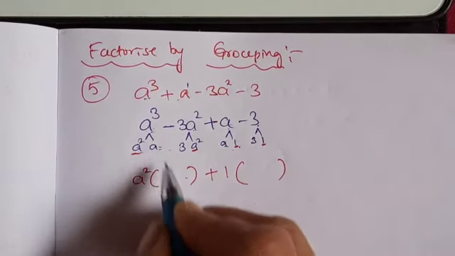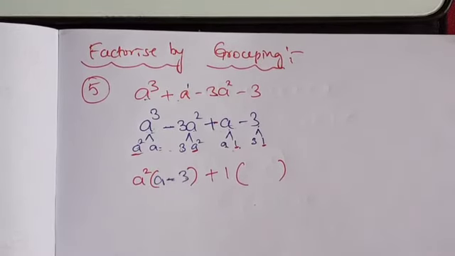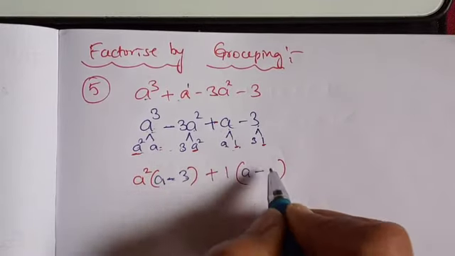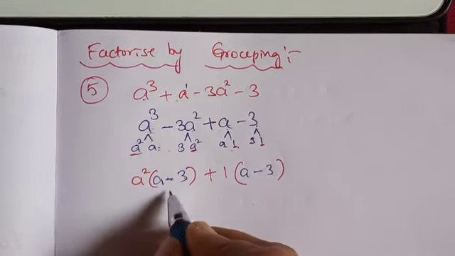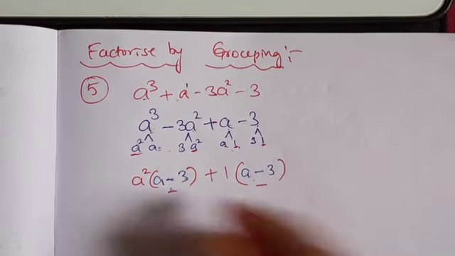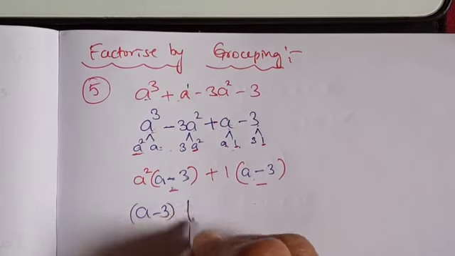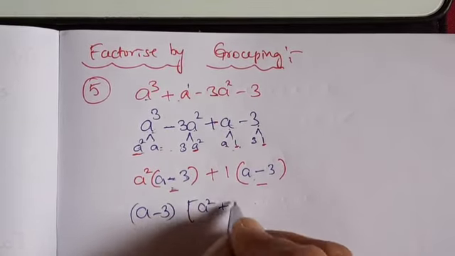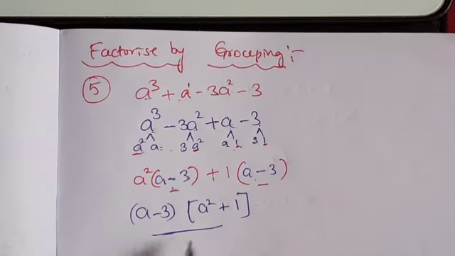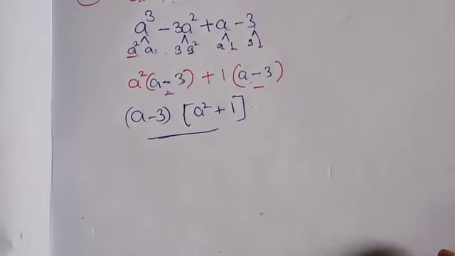Now a is left, minus is left, 3 is left; here also a is left, minus is left, 3 is left. That means again we got a similar factor. Now these two factors should be taken as common, and here a square is left, 1 is left. So this is the required answer. Okay, children. Next question.